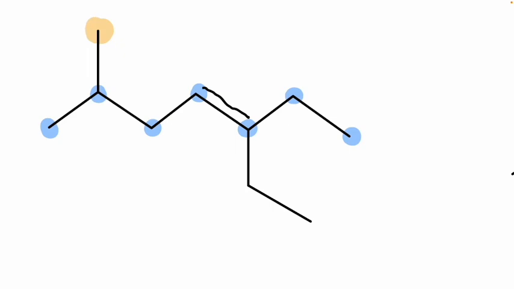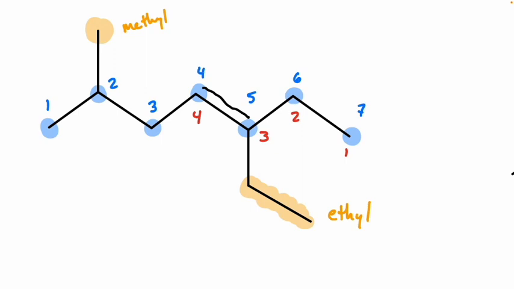This is a methyl group. This is an ethyl group. If we put in our numbers, 1, 2, 3, 4, 5, 6, 7, and the other direction, 1, 2, 3, 4, 5, 6, 7.